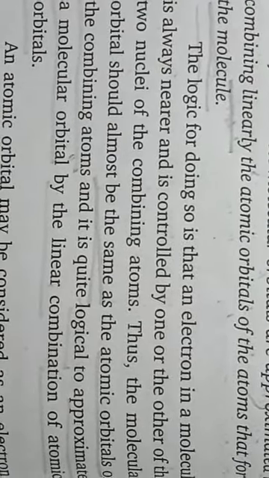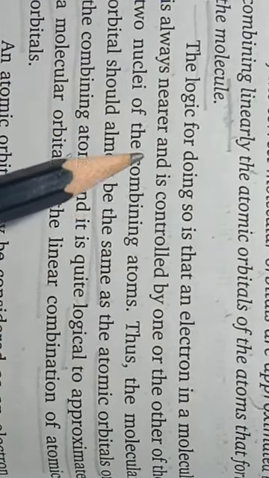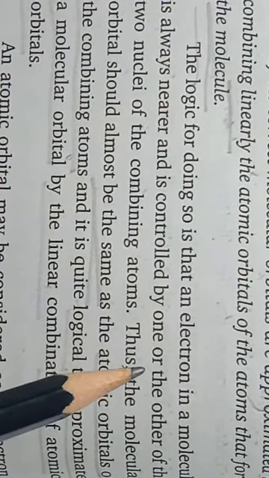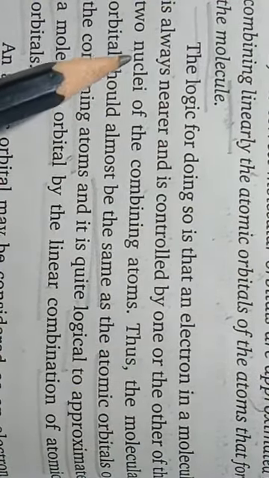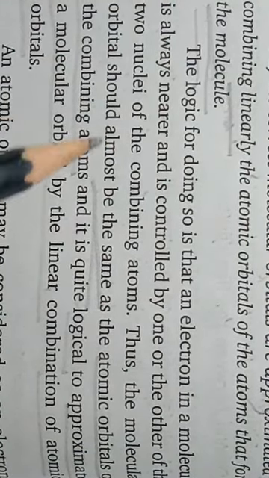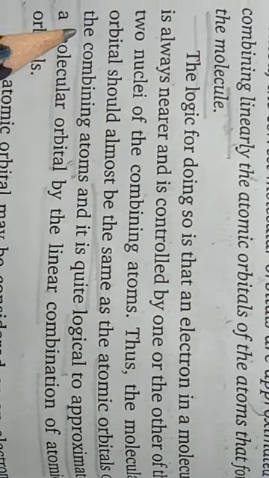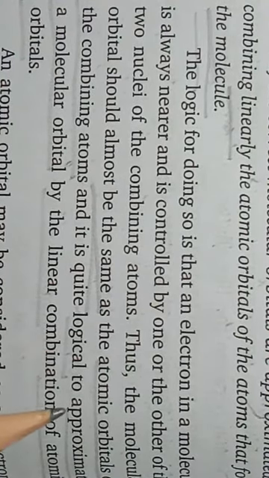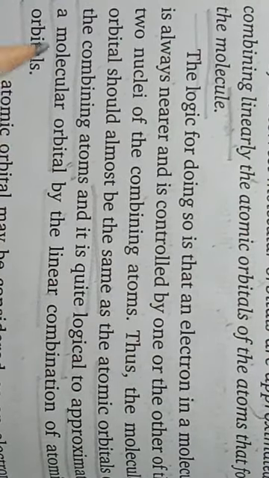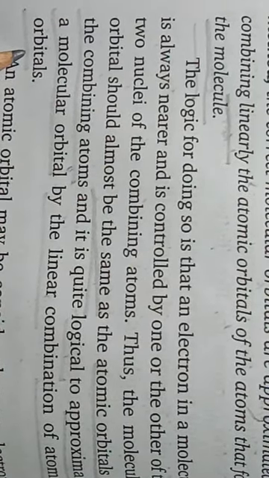Why is this logical? The logic for doing so is that an electron in a molecule is always nearer to and controlled by one or the other of the two nuclei of the combining atoms. So the molecular orbitals should almost be the same as the atomic orbitals of the combining atoms, and it is quite logical to approximate a molecular orbital by the linear combination of atomic orbitals.